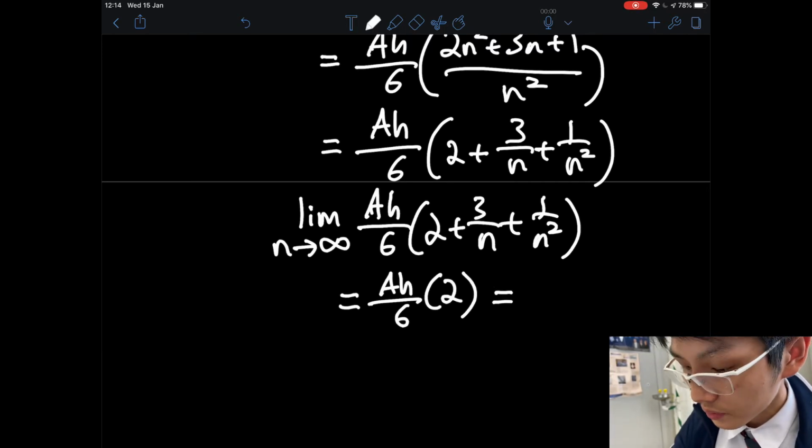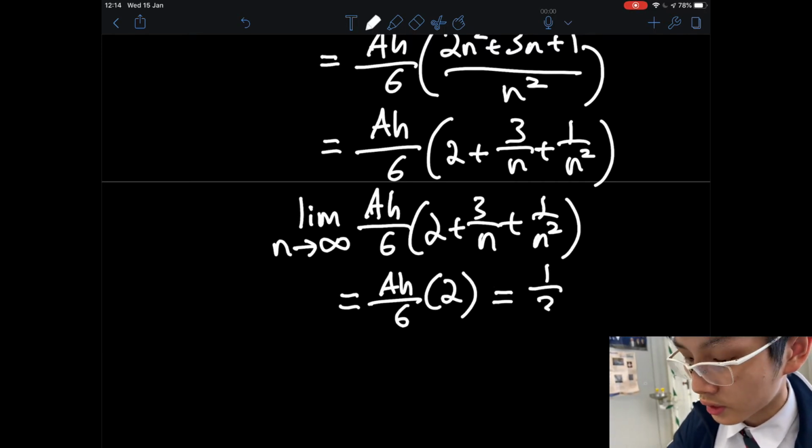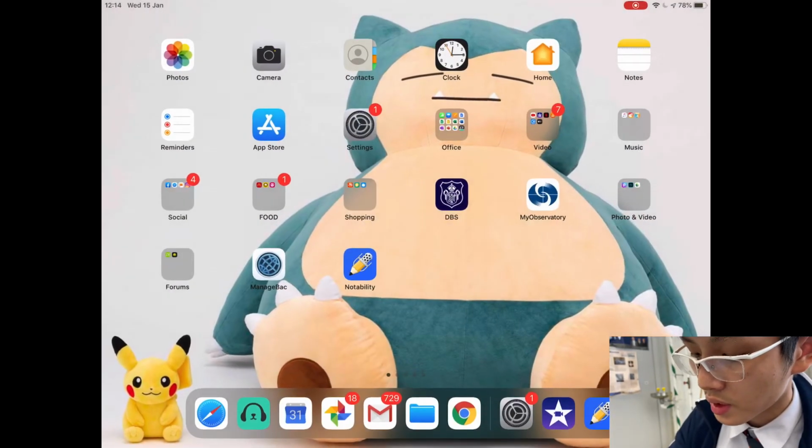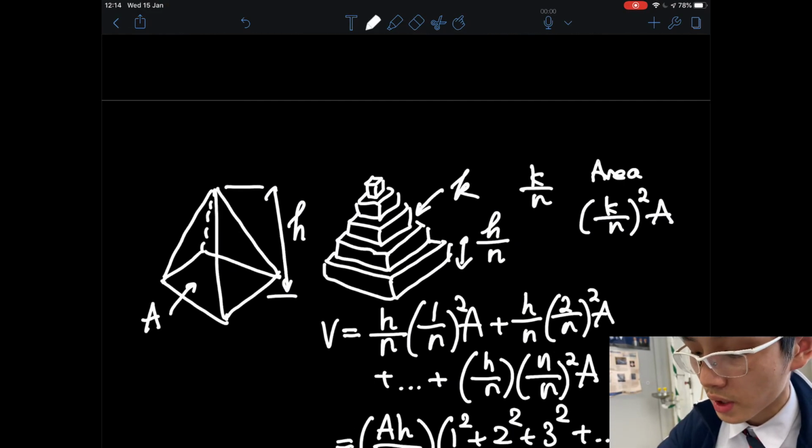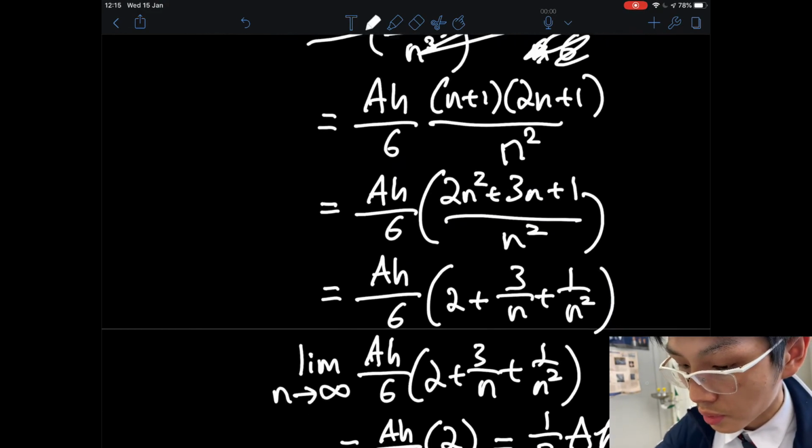If we simplify that, we get 1 over 3 times A, which is the base area, times h, which is the height of the pyramid. And so that gives the volume of the pyramid here.